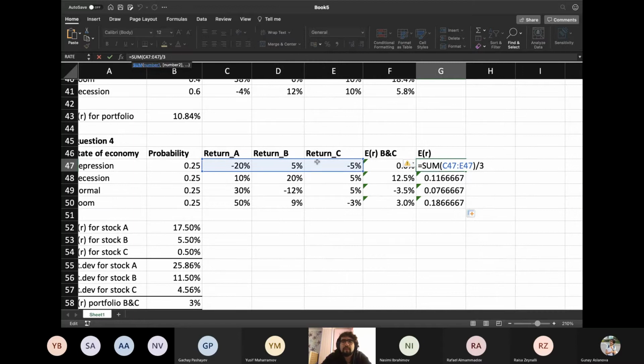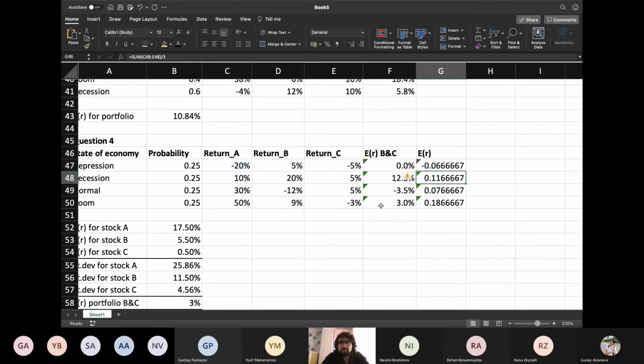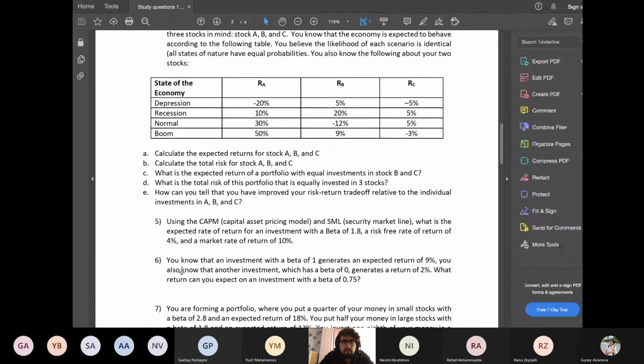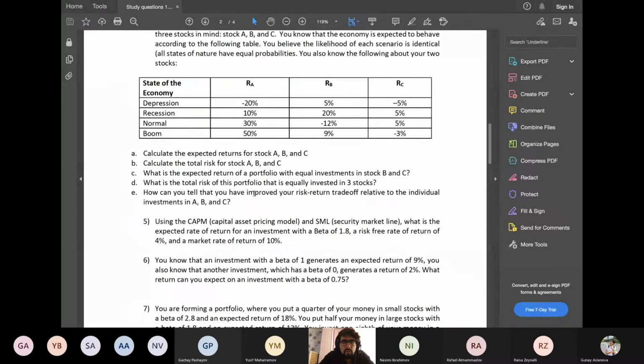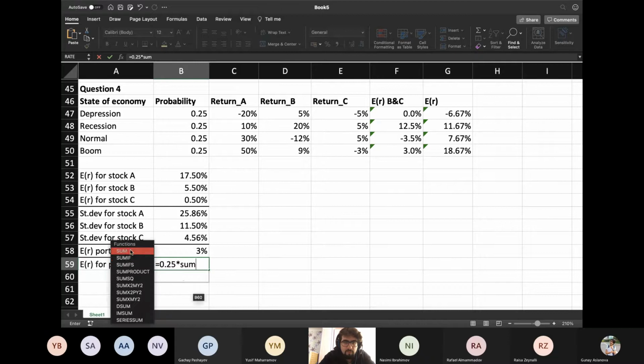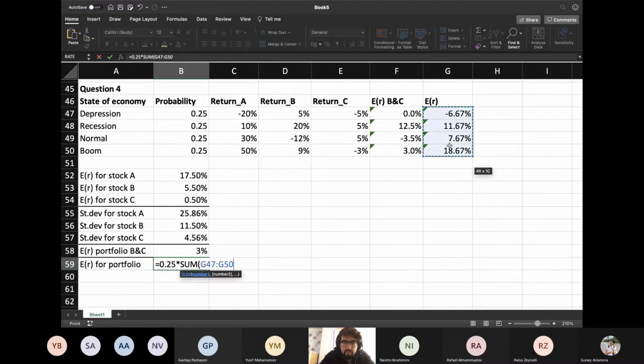Why did we divide by 3? Because we have 3 stocks and we are investing equally in these 3 stocks. So the expected return for the portfolio is 0.25 times the summation of all of them.